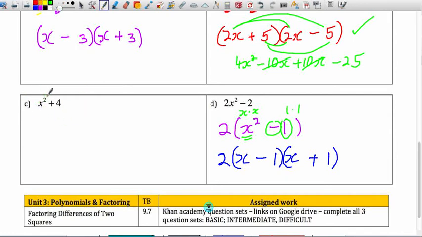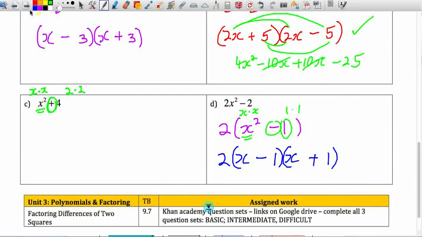question C, and watch carefully what happens here. Once again we have only two terms, so the possibility is a difference of two squares. X squared is a perfect square, x times x. 4 is a perfect square, 2 times 2. But this time what we have in the middle is a plus.